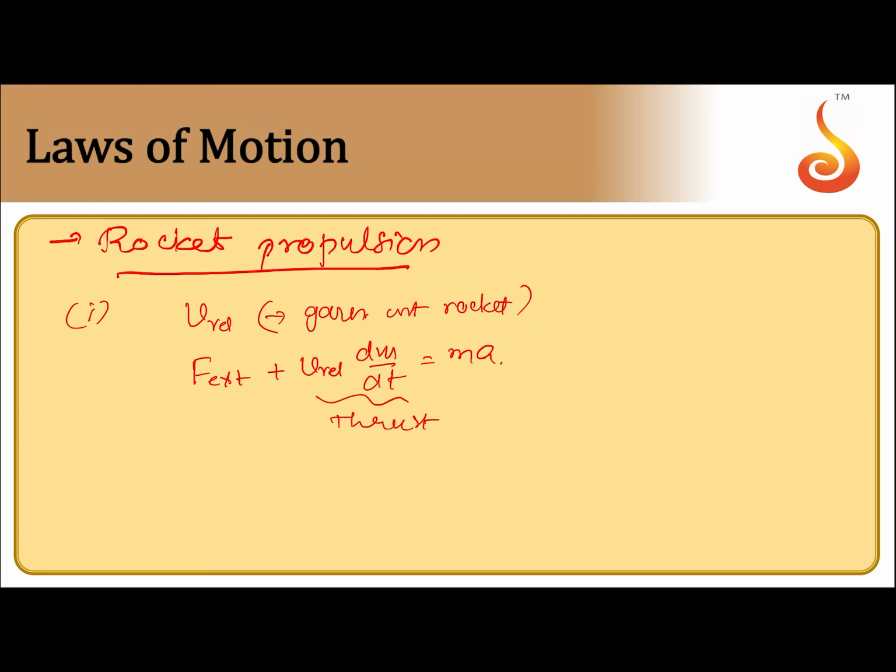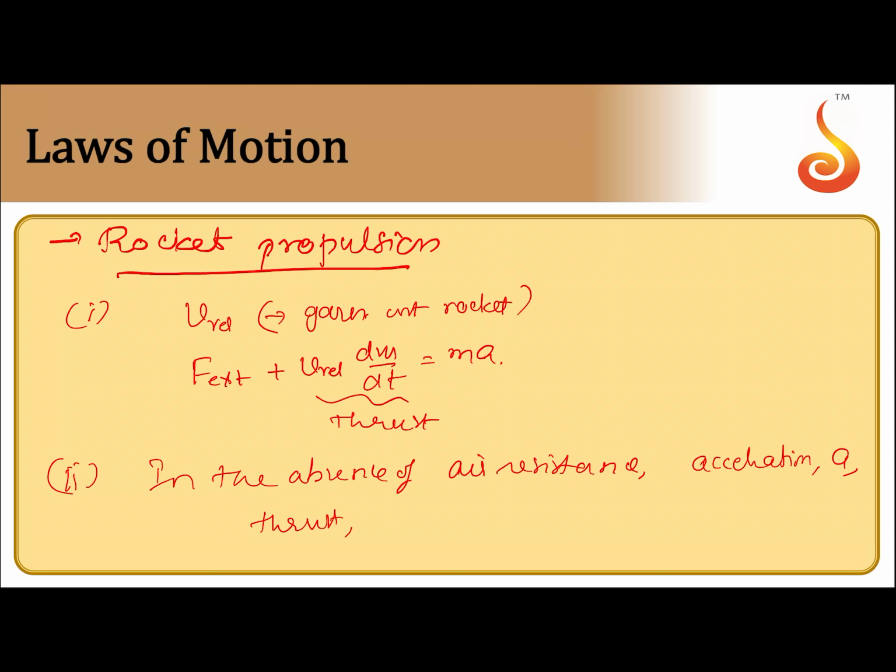Now suppose I consider the absence of air resistance, and the rocket moves with an acceleration a, then the thrust v relative dm by dt is equal to m a, and of course g is minus, so this becomes m a plus m g.